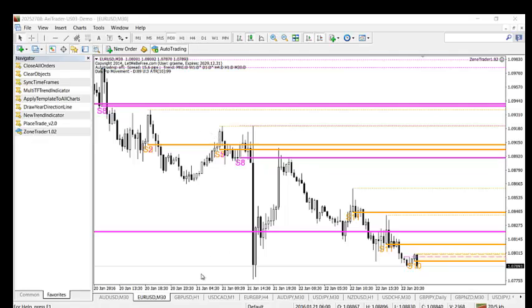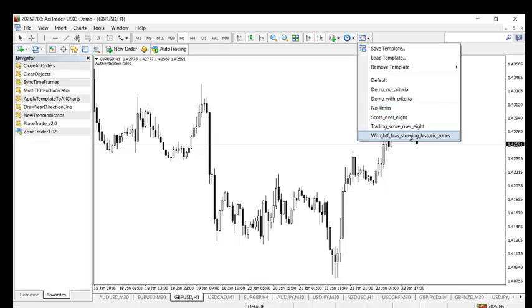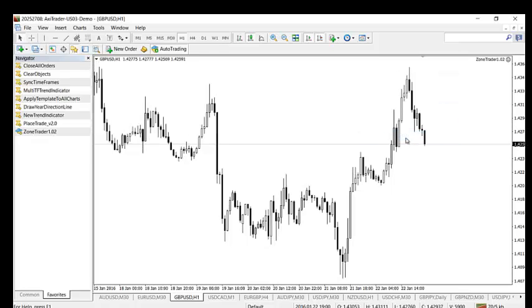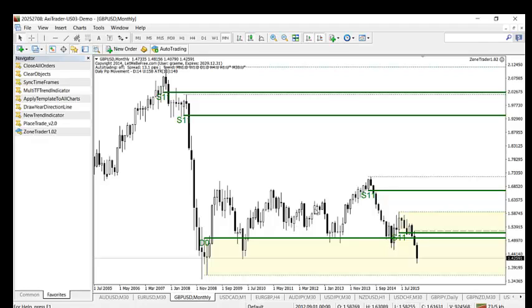Okay, I'm just going to flip to the pound against the dollar, apply my template, give it a second to refresh. It's on the 1-hour chart, but I'm going to flip straight away to the monthly chart, and here we can see how there's been this monthly demand zone, with price teasing it quite a few times, coming back to it, leaving it, coming back to it, leaving it.